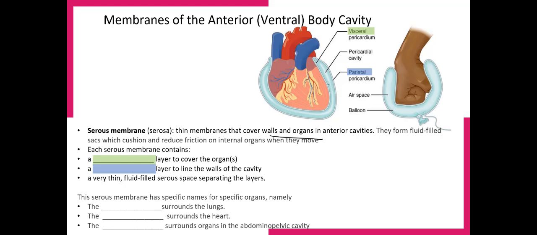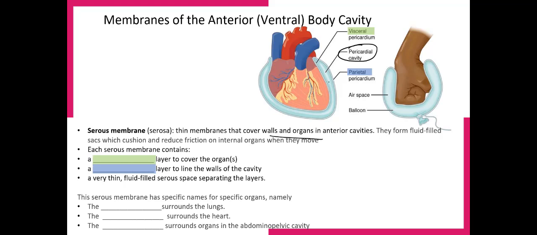And what happens is you have a sac in the middle. In this case, it's the pericardial cavity that is filled with fluid. And that fluid and that cavity help to cushion and reduce friction on internal organs when they move, right?